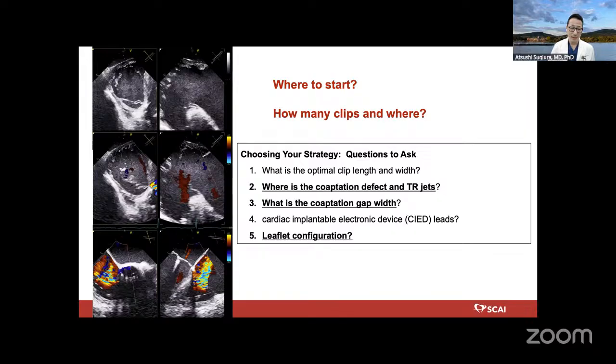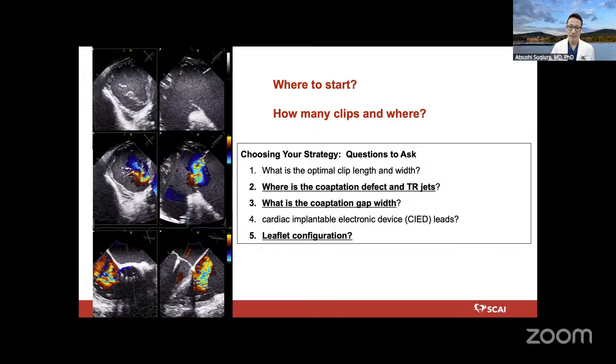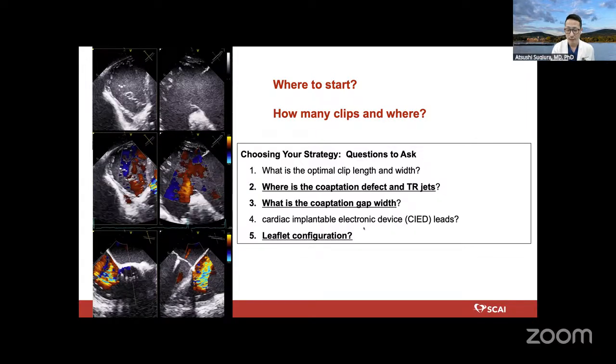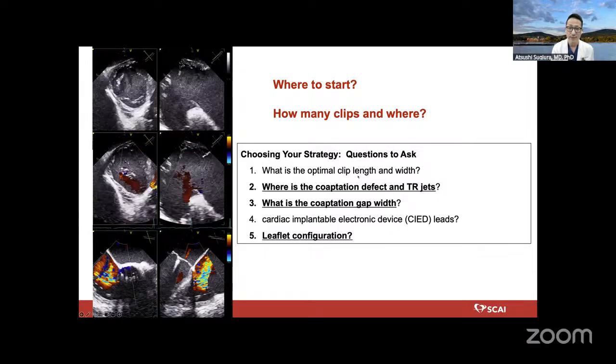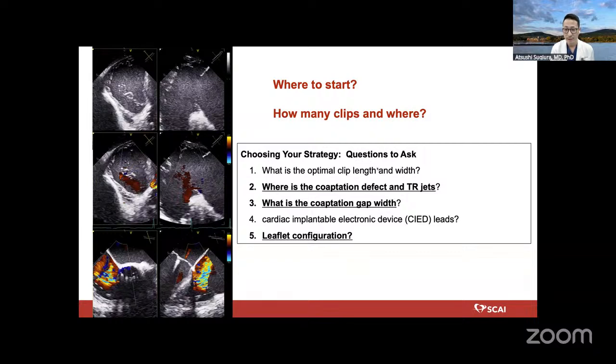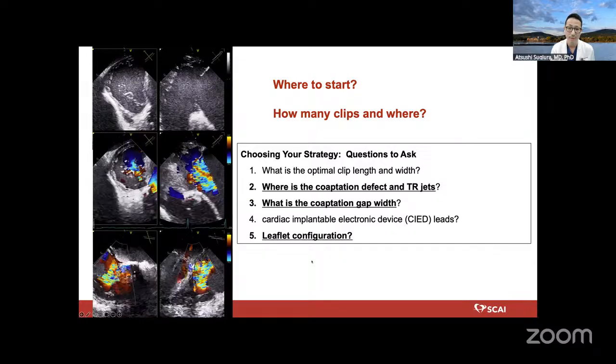We also ask ourselves what is the optimal clip length and width, which is normally XT or XTW devices of TriClip, where the TR jet is coming from, how large the coaptation gap is, whether there is a pacemaker lead, and what the leaflet configuration is, sometimes not only 3, but also 4 or 5 leaflets.